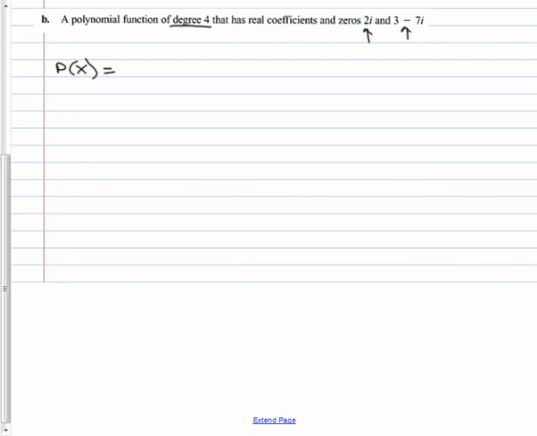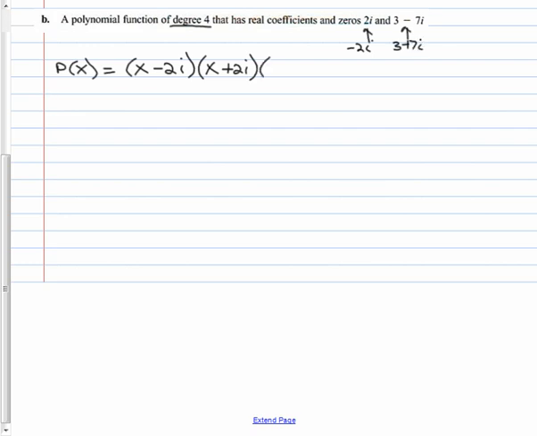My polynomial is going to have a 0 of x minus 2i. Now, if 2i is a 0, its conjugate is a 0. So therefore, I also have x plus 2i as a factor. And now my 3 minus 7i, there's also a 3 plus 7i.